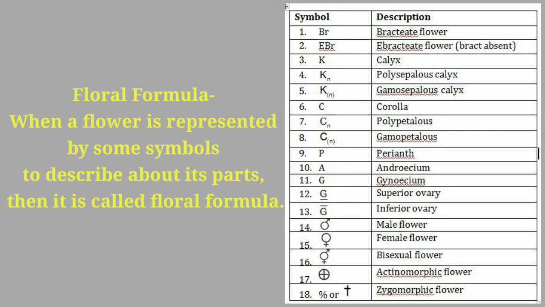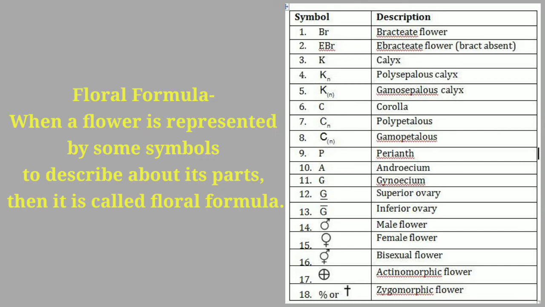Now G with a dash below the G means superior ovary. That means the flower is hypogynous. When the dash is above the G, it represents the inferior ovary. That means it is an epigynous flower.